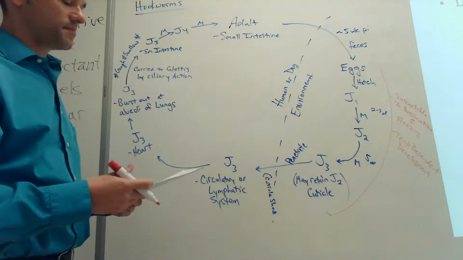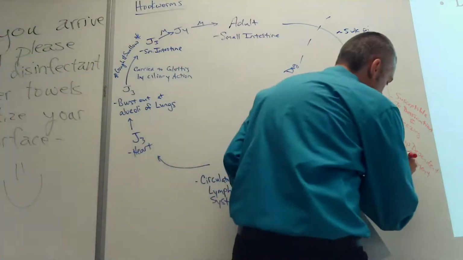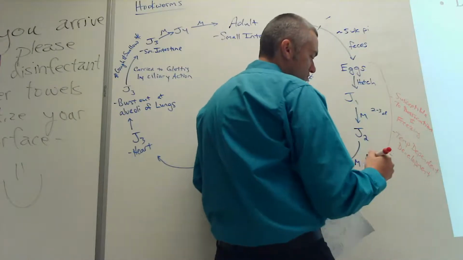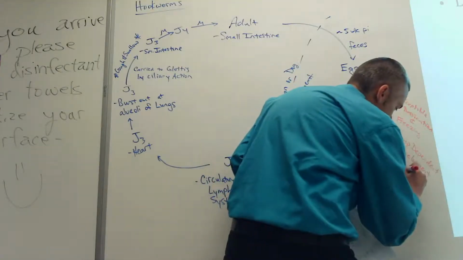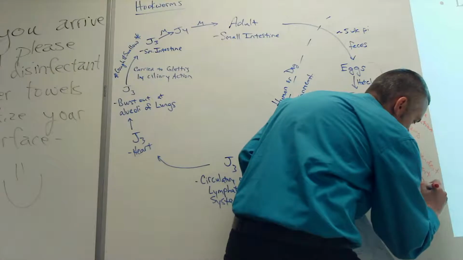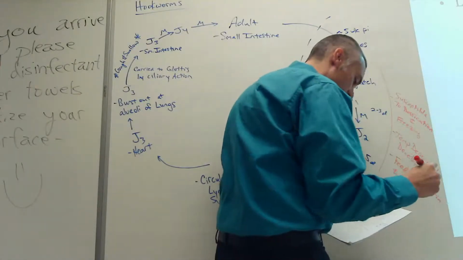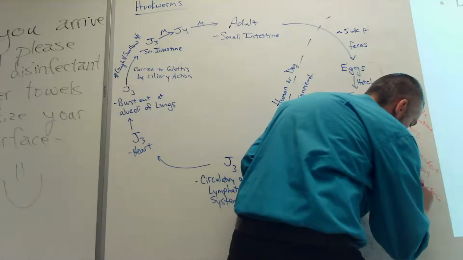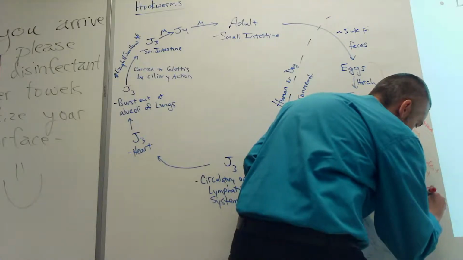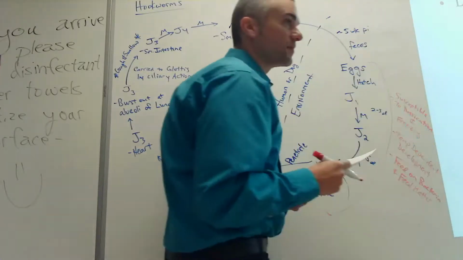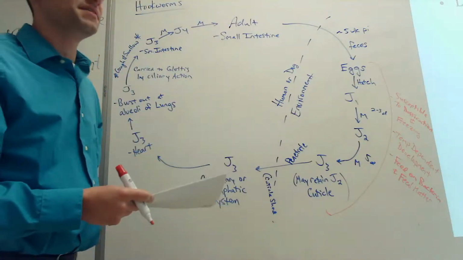It needs the warmth. These J1s, J2s are going to feed on bacteria and organic matter that typically accompanies the feces.